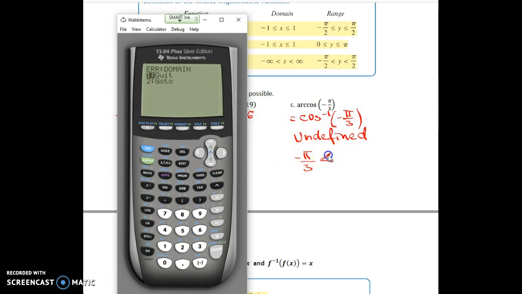It is a number less than negative 1. And we know that the values of cosine are only between negative 1 and 1. That means that we're really looking for a cosine that doesn't exist. The angle of a cosine that does not exist. Which is why this arc cosine is undefined.